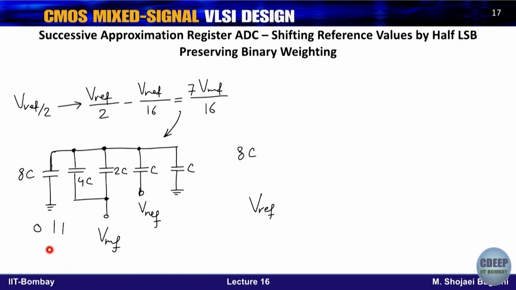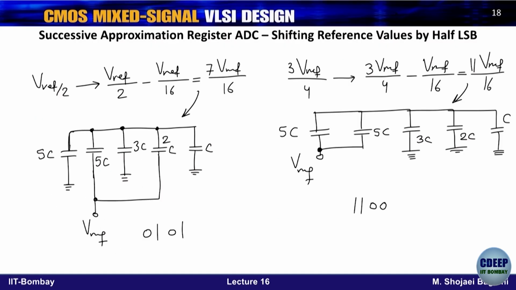For example, this is the case where we have the code 011. So you are adding one more Vref over here so that you are reducing the code by the last bit, which is Vref upon 16, half of an LSB. There are also ways to make it simpler with different values of resistors, or capacitors, for example, here. Instead of Vref upon 2, I want to generate 7 Vref upon 16.